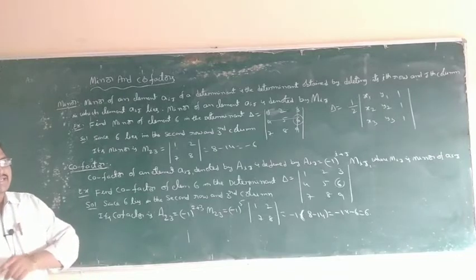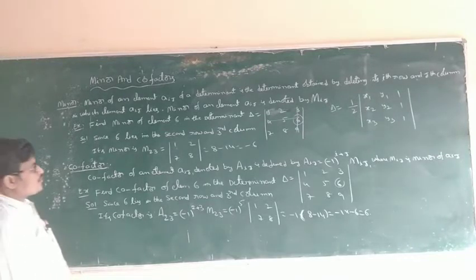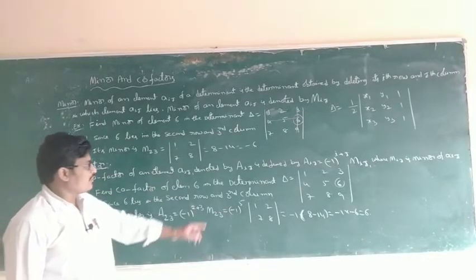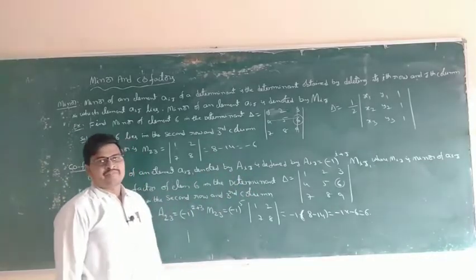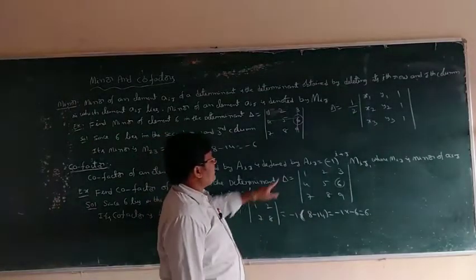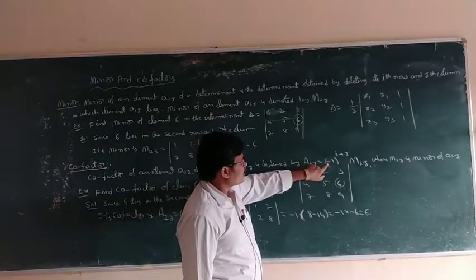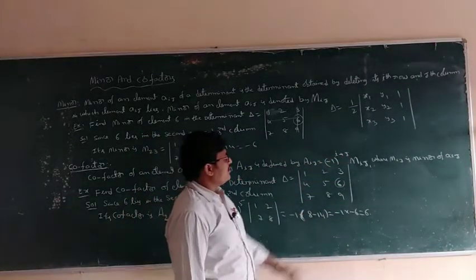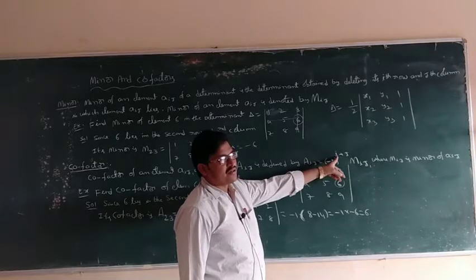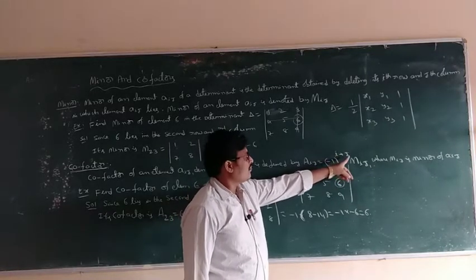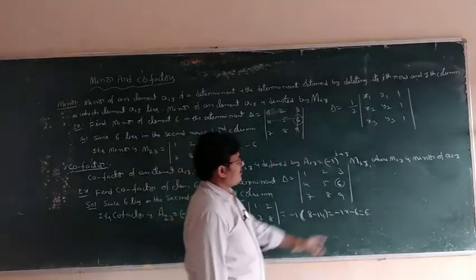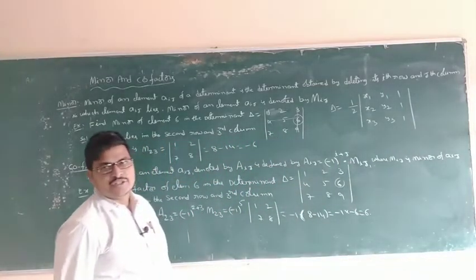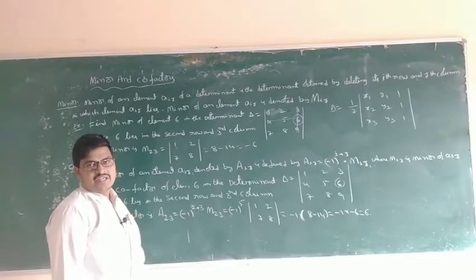The cofactor of small aij is denoted by capital Aij, defined by capital Aij is equal to -1 whole power i plus j into Mij, where i means which row and j means which column the element is in.